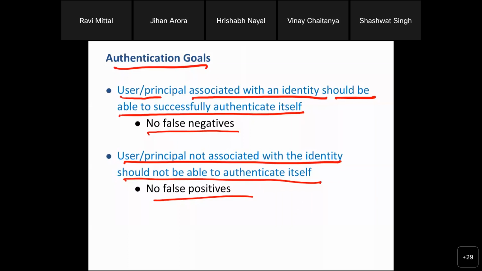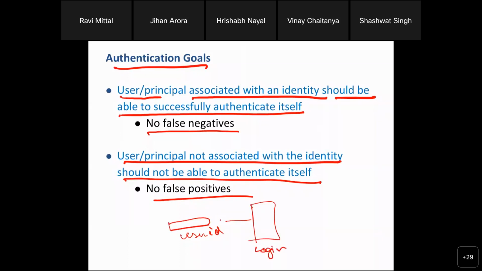So somebody posing as you will not be allowed to get into a system or airport. For example, everyone knows your user ID, generally your email ID, and enters it into a system and does the login process.